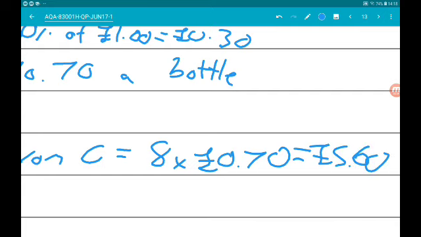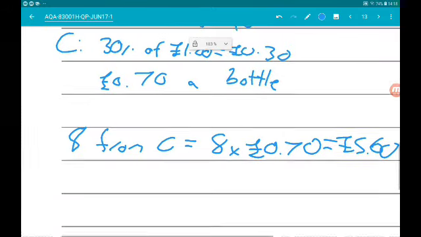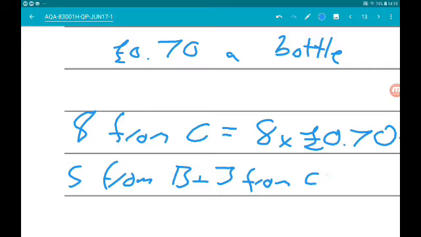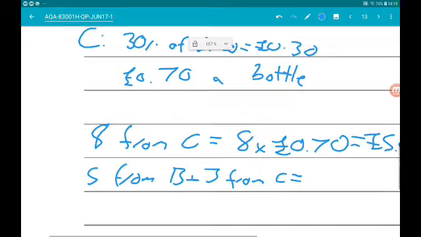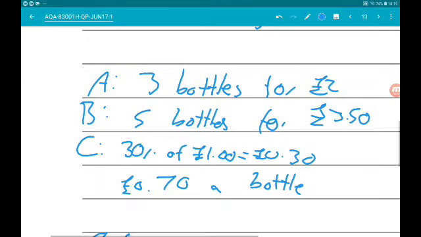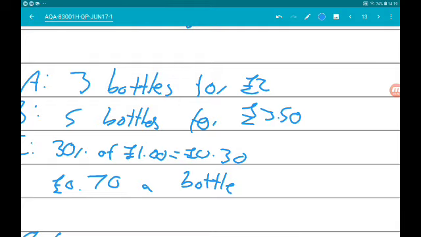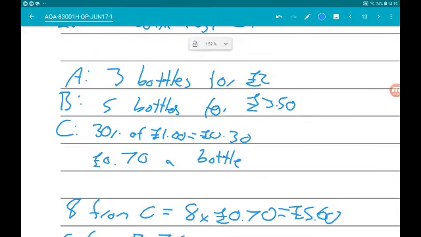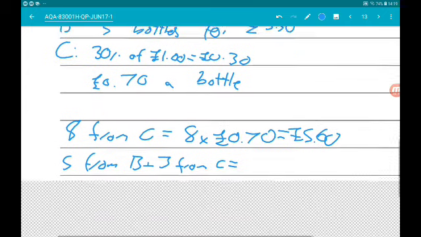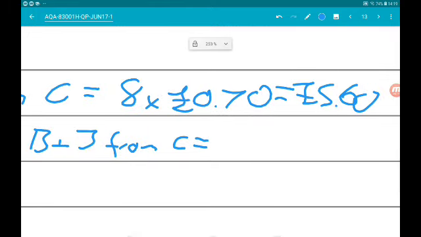We could get 5 from B and 3 from C. So 5 from B is £3.50. Add the 3 from C, which would be £2.10. That's going to cost £5.60 as well.